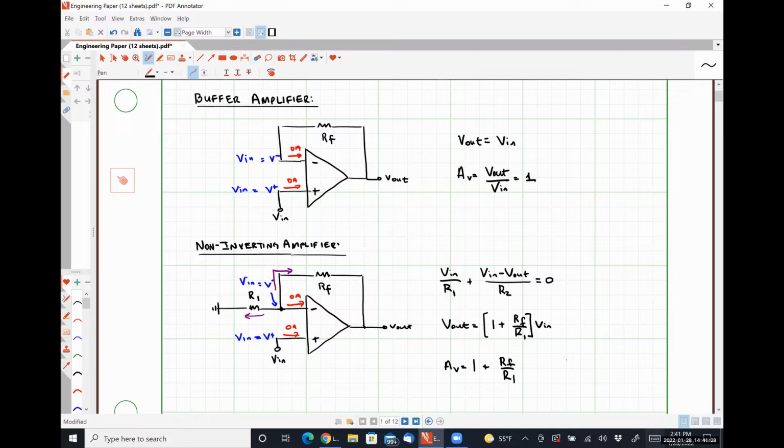As RF gets larger, the voltage gain goes up. As R1 gets smaller, the voltage gain goes up. Changing the value of the input signal doesn't change the gain, right? The output is simply a scaled version of the input, and the scaling factor is 1 plus RF over R1.